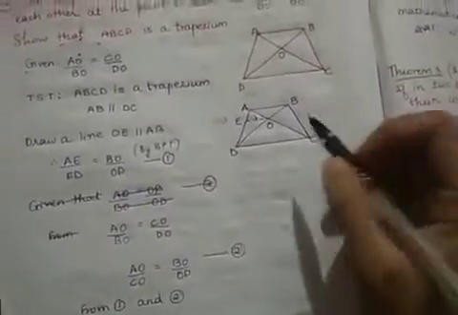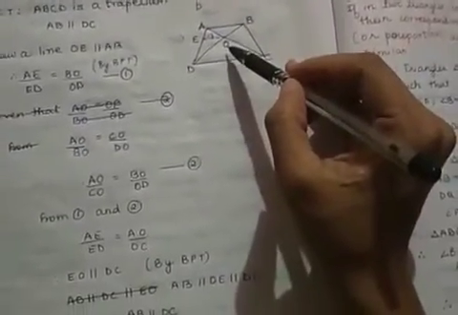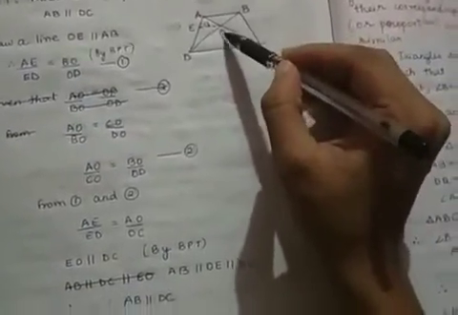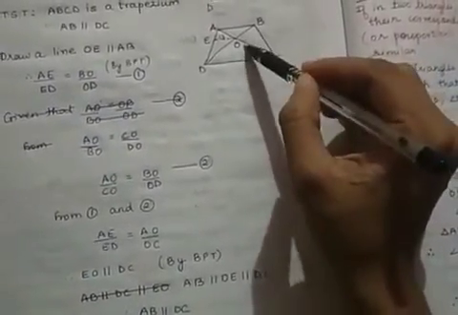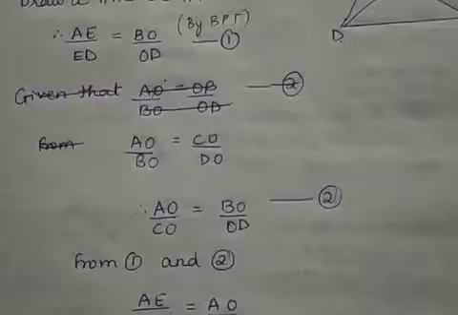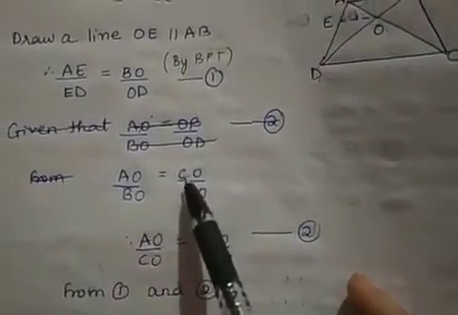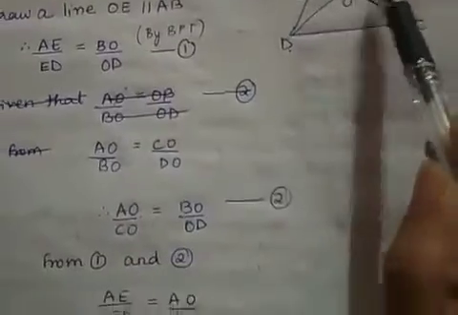Okay. Now it is already given to you that AO upon BO is equal to CO upon DO. Okay. So now what I am doing is I have to show this is parallel to this.